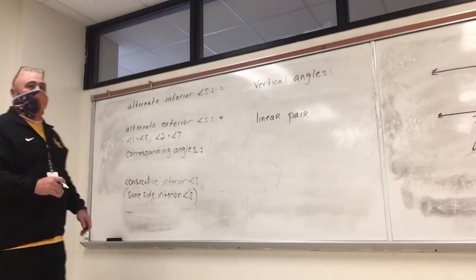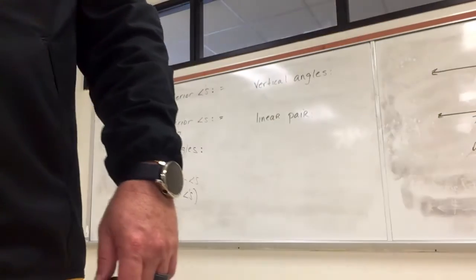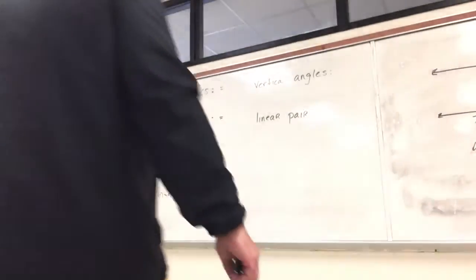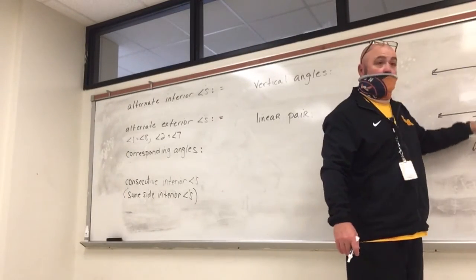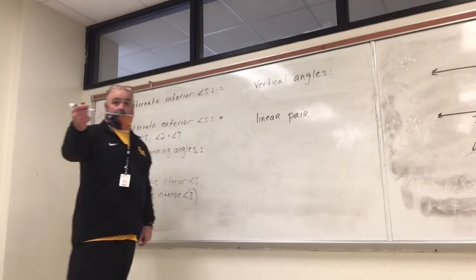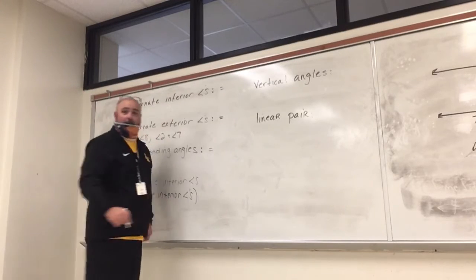Then we talk about corresponding angles. And what are corresponding angles? They're in the same spot, different levels, right? 1 and 5, 2 and 6, 4 and 8, 3 and 7. And what do you know about them? Well, guess what? They're equal also.